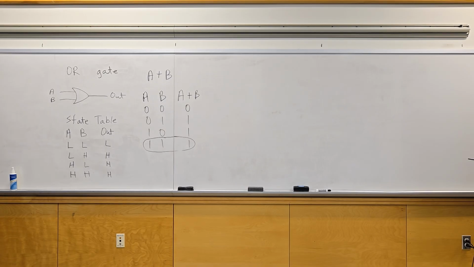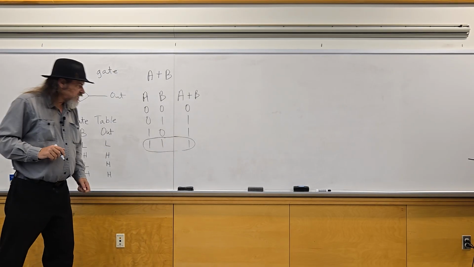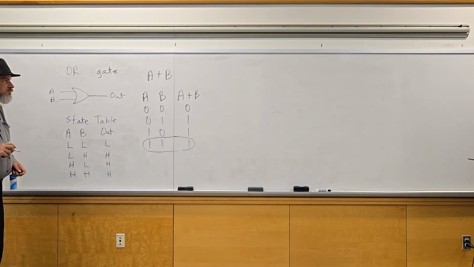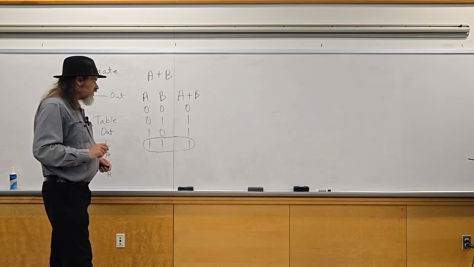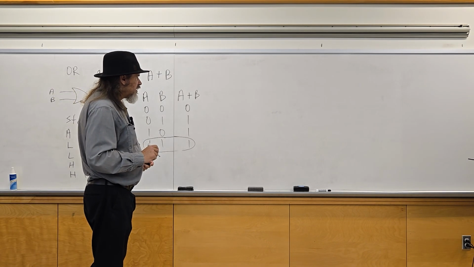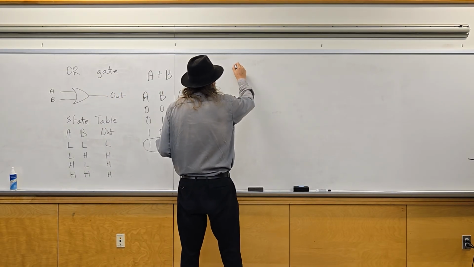When we get into adders later on in the semester, we'll see how you deal with adding and carrying a 1 into the next column. But the OR gate is often used. Let's go ahead and do the schematic of this.